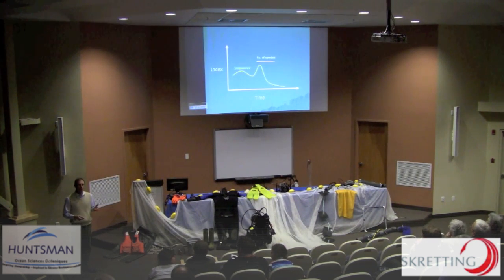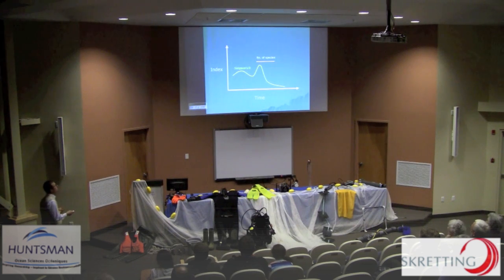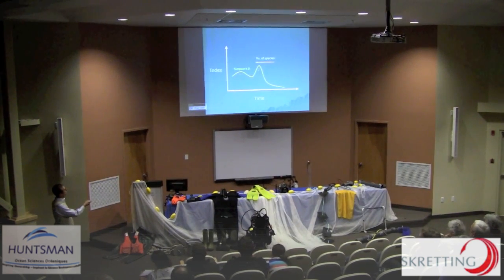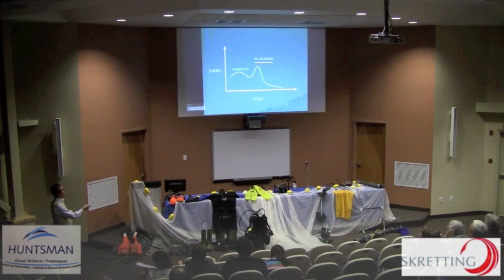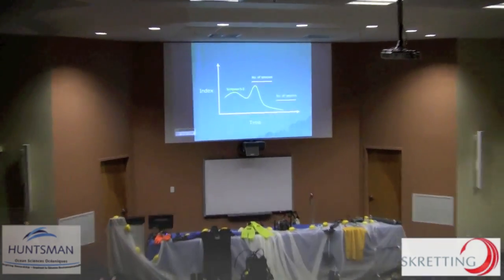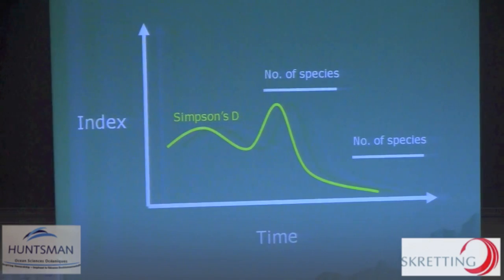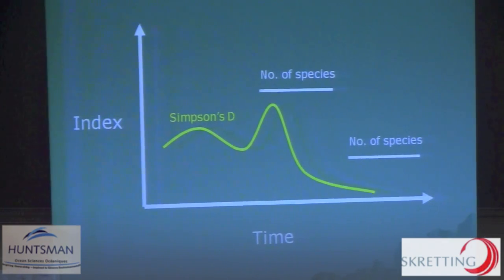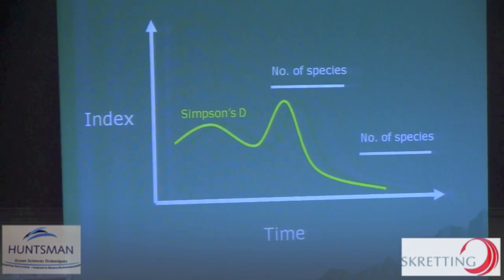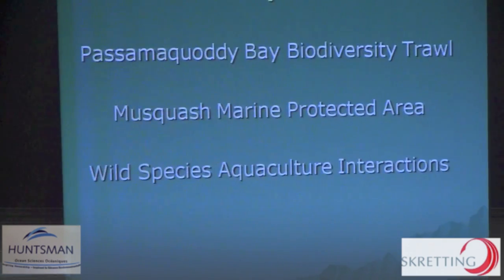But the proportions might change. So what you would see is a change in something like a Simpson's index. Part of that would be just natural. Part of that might be some kind of real change. But it wouldn't be reflected in the species number until we probably saw a sustained drop in the Simpson's index, and only then would I actually see a change in the number. So it's not just the number of species that counts, it's the proportion of species that counts and helps us describe and measure diversity in a particular area.